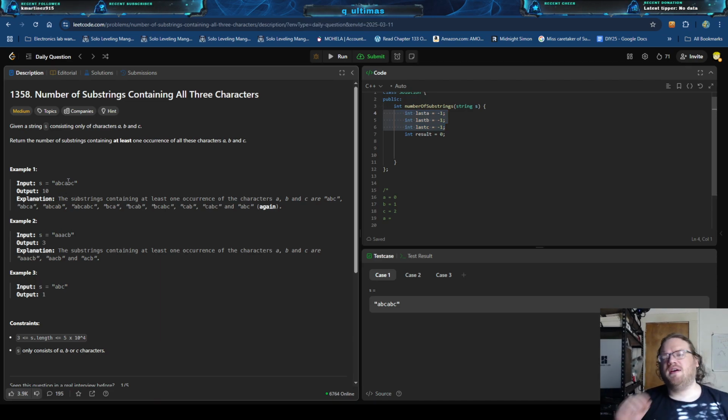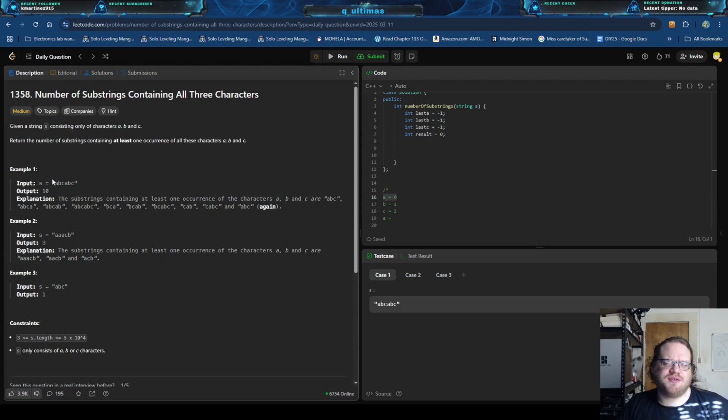We want the index of the furthest left thing, right? So in the case of A, if we had found A, it would be A. If we didn't have a value, then we'd get -1.